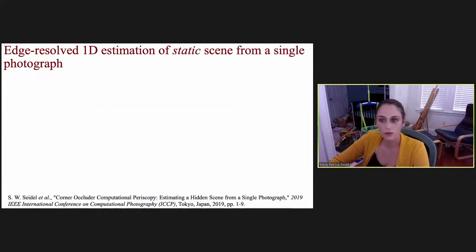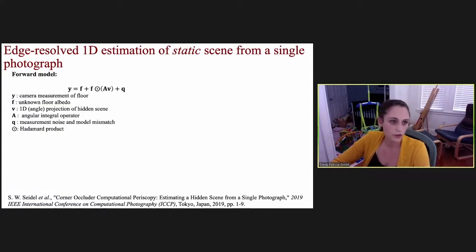In our own subsequent work, we demonstrate 1D reconstruction of the entire hidden scene from a single photograph without assuming a uniform albedo. We show in our paper that even with background subtraction, Baumann's algorithm suffers performance degradation when the floor albedo is not uniform. In our own static scenario, where we're not performing background subtraction, it's even more important to consider non-uniform albedo in our forward model.